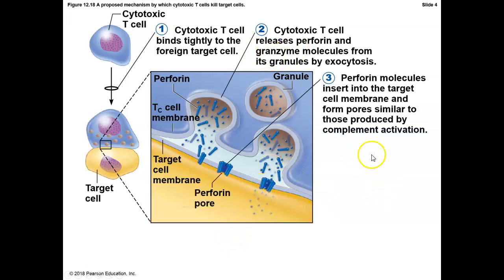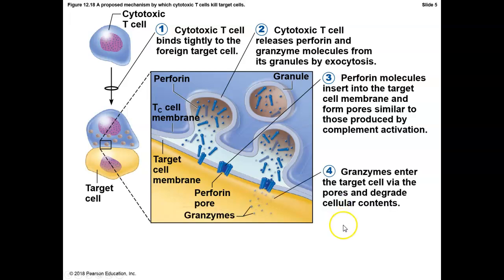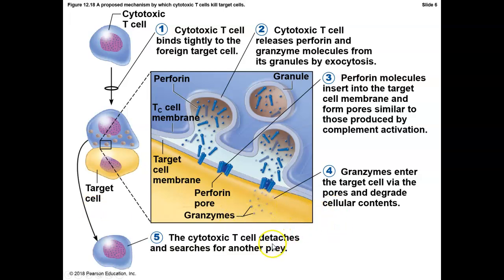The granzymes are then able to cause the DNA and the structures inside the cell to start undergoing apoptosis, whereas the perforins allow more materials to enter the cell, which can cause the cell to lyse open as well. And then the T cell can move on to another cell that also is infected.